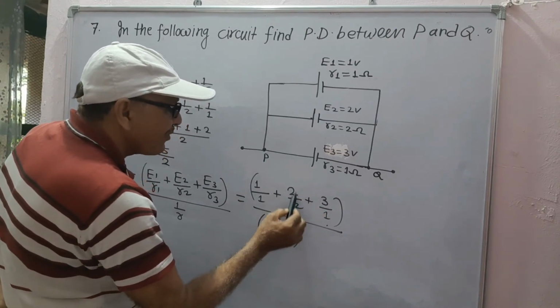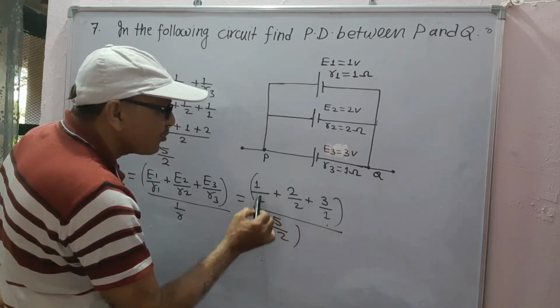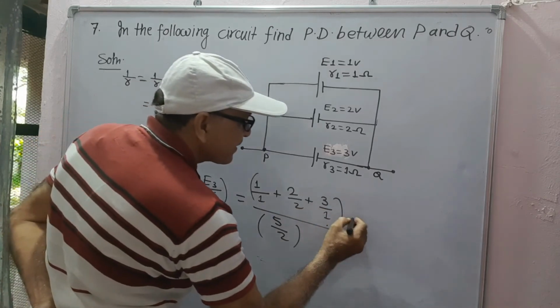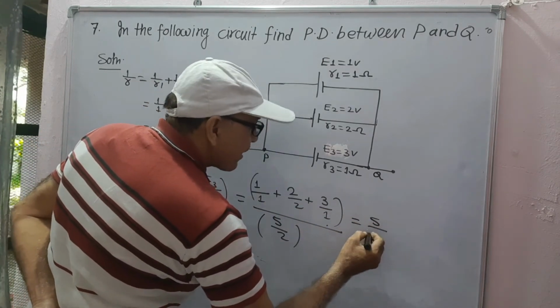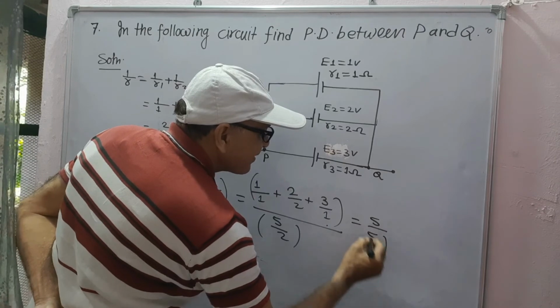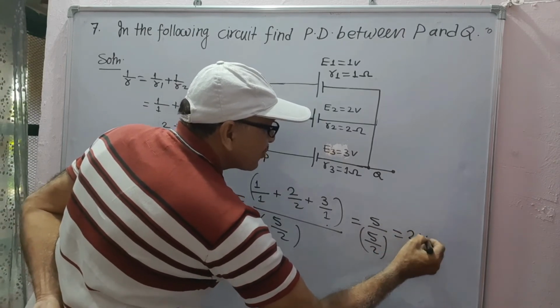Now this is 2 upon 2 means 1, 1 plus 1 plus 3 means 5, upon 5 by 2. This gives 2 volts.